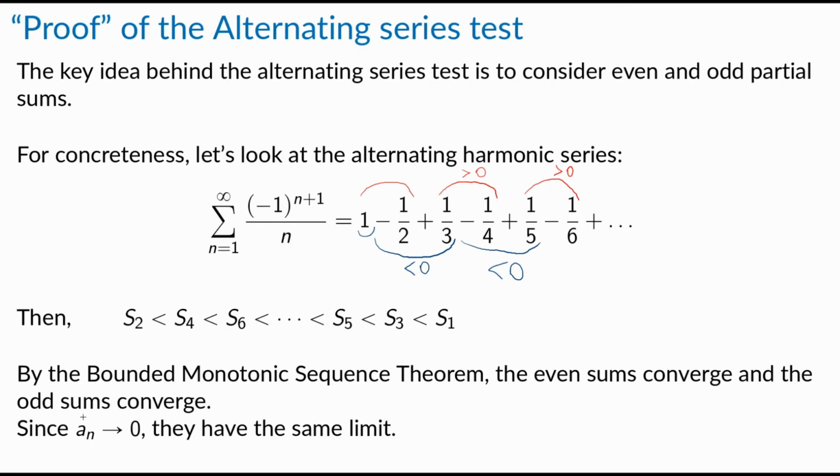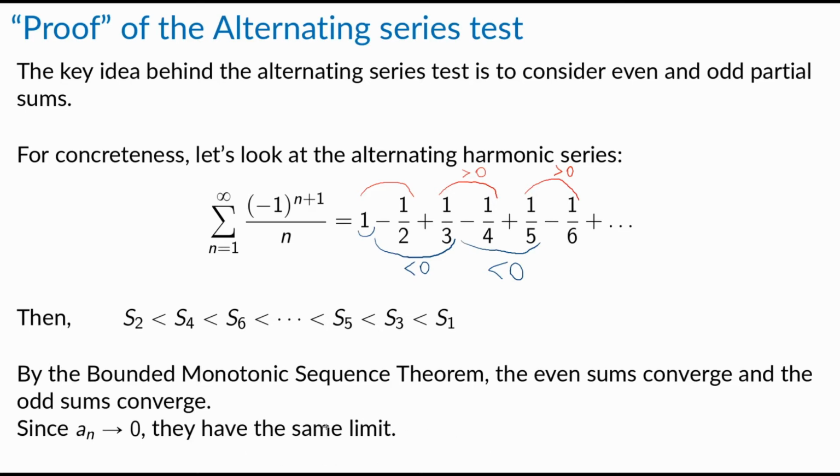The key fact is that we assumed the terms in our series are going to 0. That means that these partial sums have to have the same limit. That's a sketch of the proof of the alternating series test.